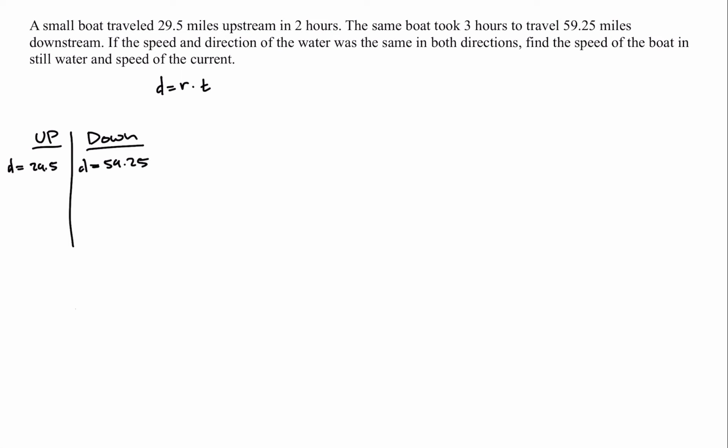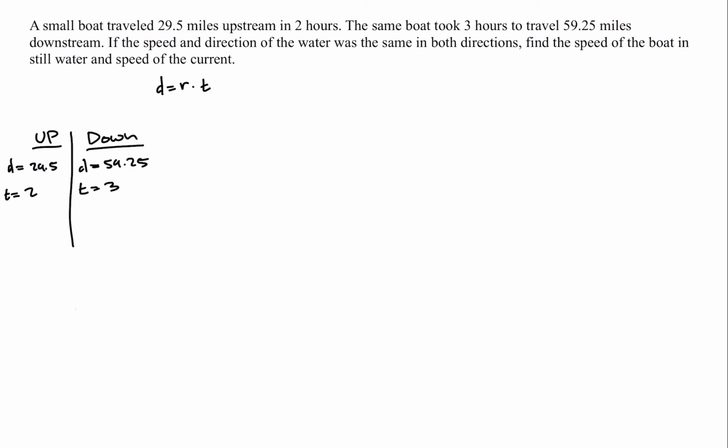It also tells me my time. When I'm going upstream, it takes 2 hours, so my time equals 2 hours. And when I go downstream, my time is 3 hours. So time equals 3 hours.